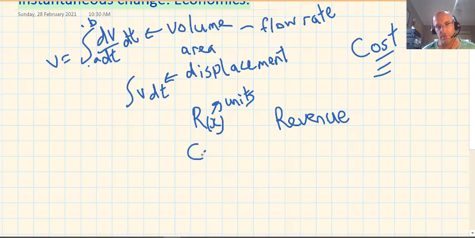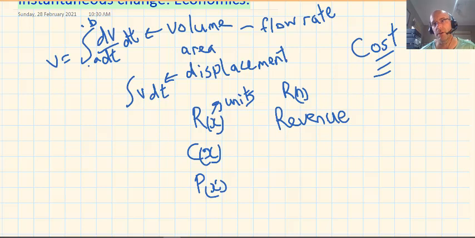Cost also, which would be C of X, and profit, P of X. Sometimes instead of X it might be N units. Okay, you might get things like R of N. So see my other video there. And profit of course is revenue minus costs. Okay, see my other video in the same playlist for that.